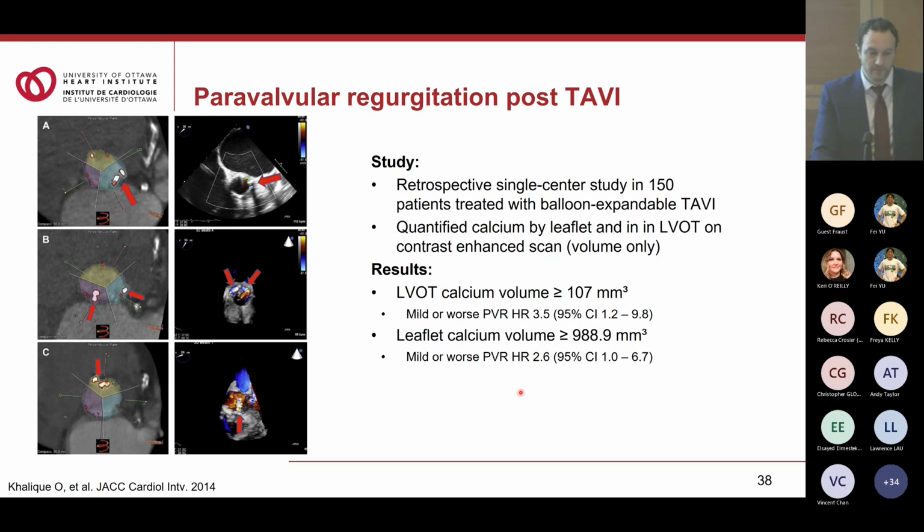So definitely this was a major issue, and early on in the history of TAVI, this was studied in terms of the impact of calcification on paravalvular leak. In this study, they found that if there was calcification in the LVOT in particular, or a very severe calcification at the leaflet level, this was linked to increased risk of paravalvular leak.